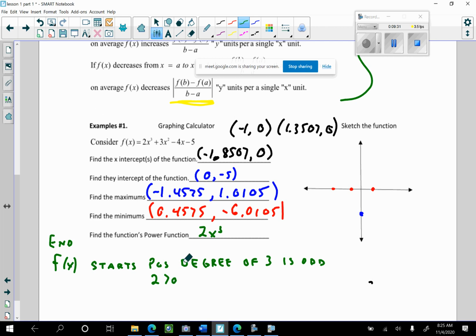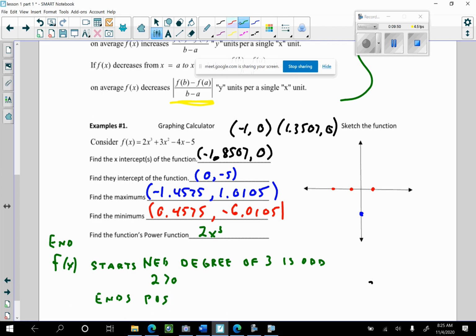So that's going to start positive and end, it starts negative. Maybe I should have looked at my notes. This starts negative and ends positive.